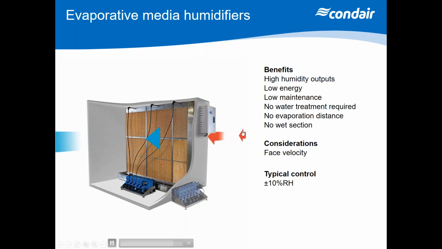So air is pushed through this glass fiber matrix. There's a water supply that's supplying water to a tank at the bottom of the unit. The level is controlled by a hydraulic module, and when we get a demand signal from the panel, one or a number of these small pumps will run and will pump water up through these lines to an encapsulated spray bar at the top of the unit.